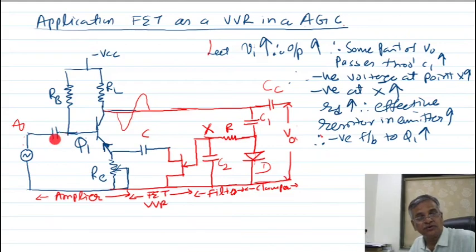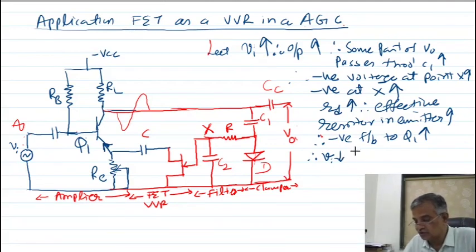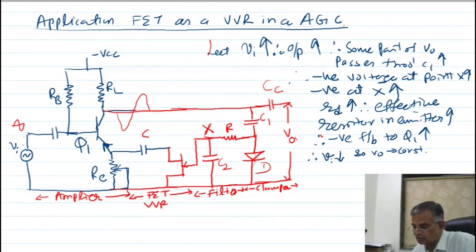As input decreases, the output decreases, and it tries to remain constant. As a result, Vi decreases and the output remains. So VO remains constant.